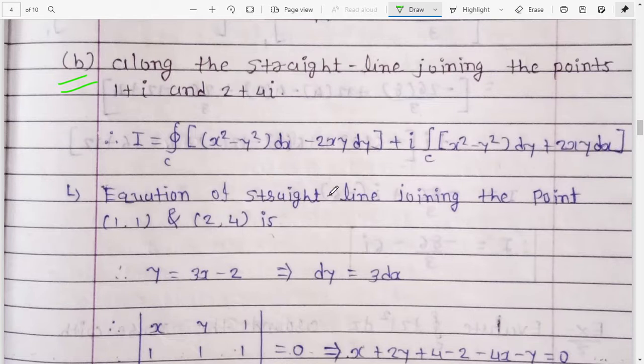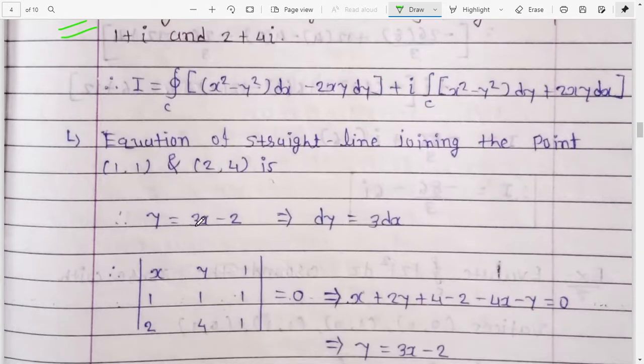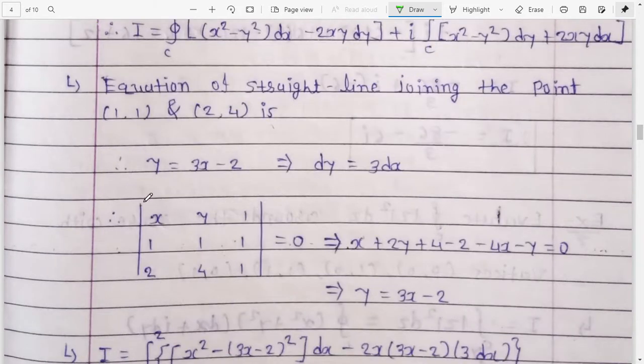The equation of the straight line joining the points (1, 1) and (2, 4): using the formula of a straight line, the determinant with rows x, y, 1; 1, 1, 1; and 2, 4, 1 is equal to 0.